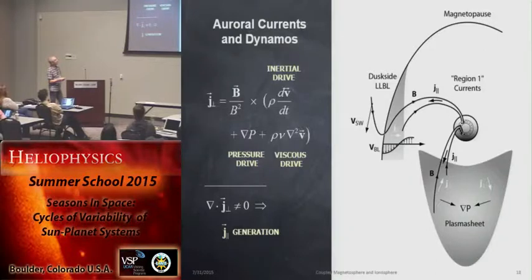That's one source of the region 1 currents, and it's more dominant on the dayside. On the nightside, because of nightside reconnection, there tends to be a hot spot in a high pressure region, in the middle of the magnetotail or near-Earth plasma sheet. So pressure drive can be quite important in generating currents on the nightside. And then this boundary is quite messy.